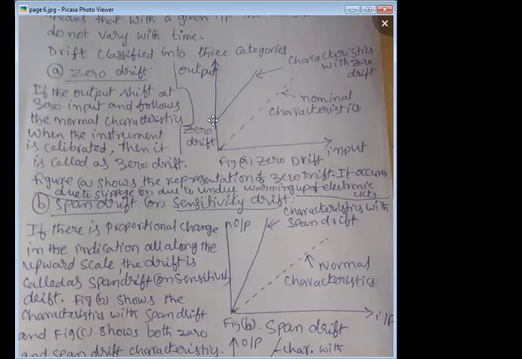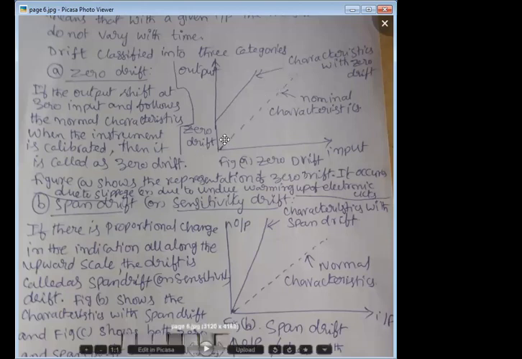When the input is zero, we have some output. This difference of output is known as zero drift. So the input follows the normal characteristics when the instrument is calibrated. When we are calibrating an instrument, it should follow this line.